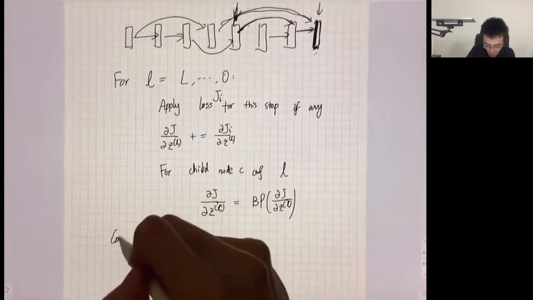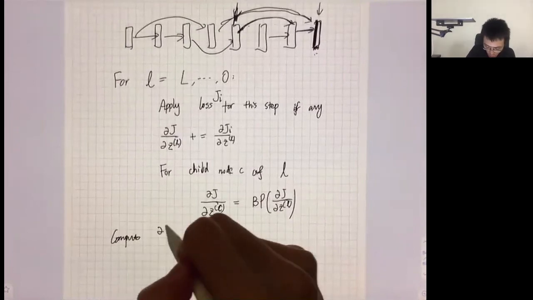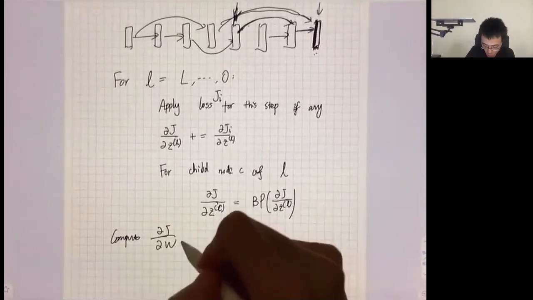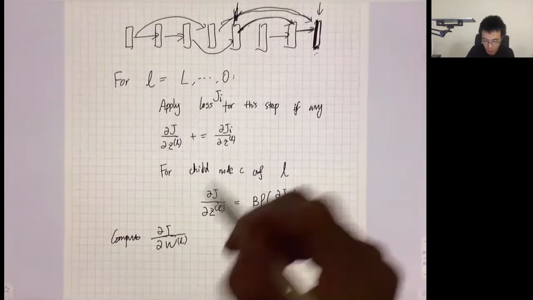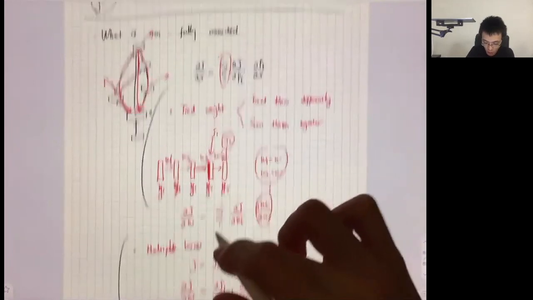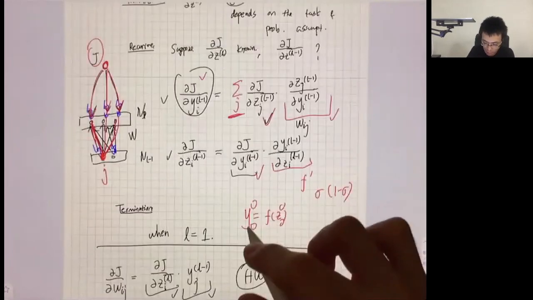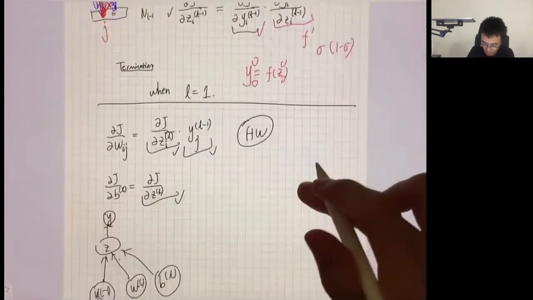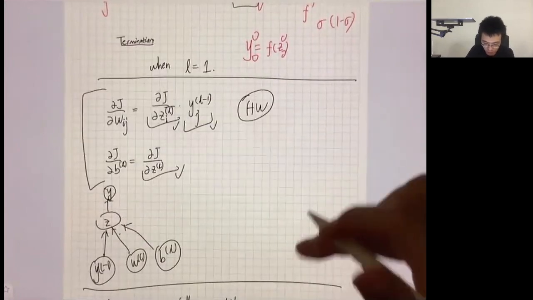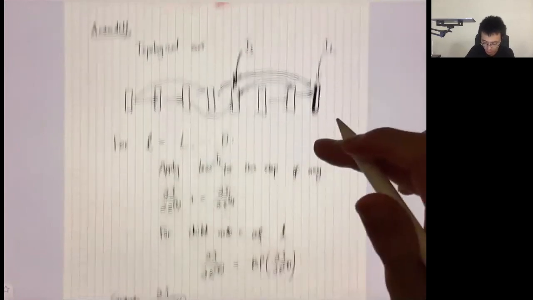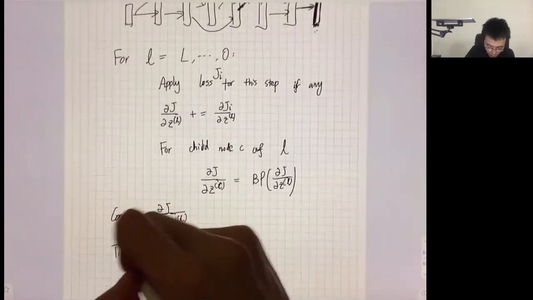And compute the partial derivative of J with respect to W for each layer based on these equations, and tie weights if necessary.